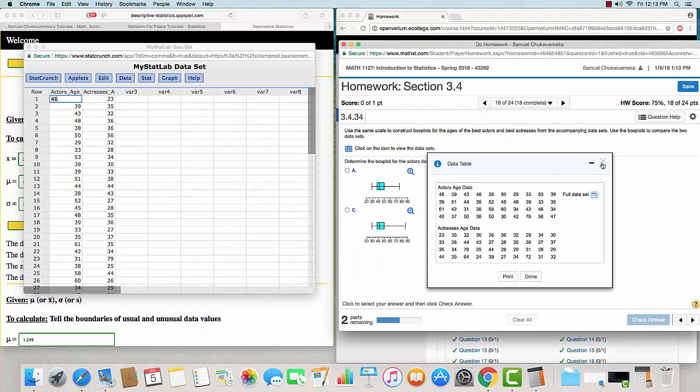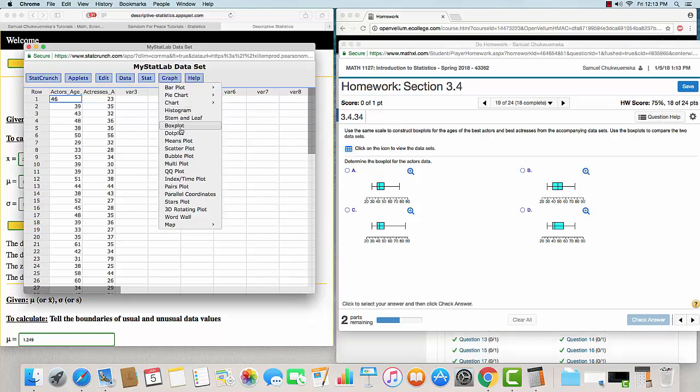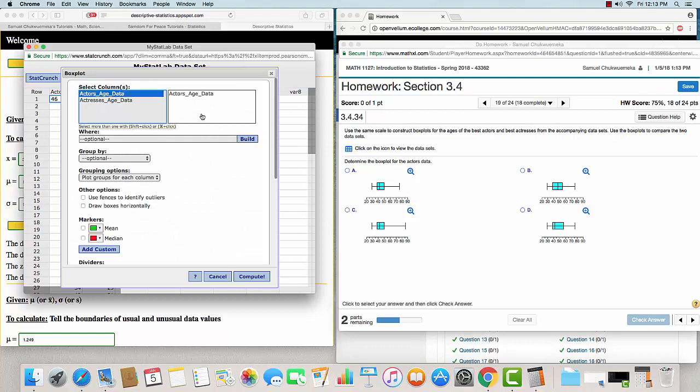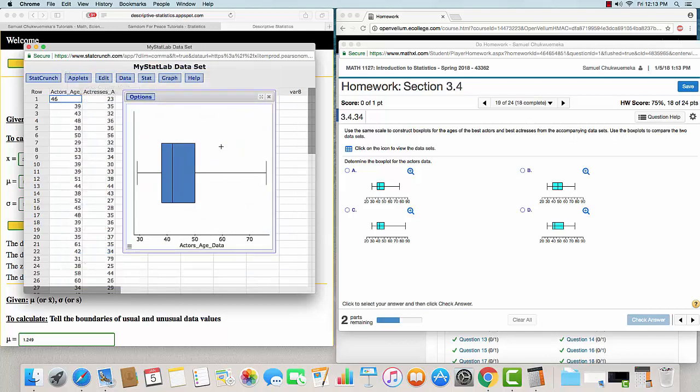I'm going to close this. Let's do the actors data. Go to graph, box plot, actors age data. Draw boxes horizontally. All right.